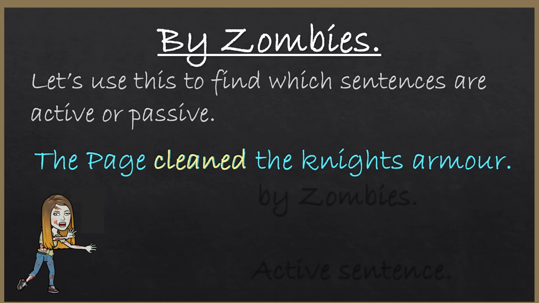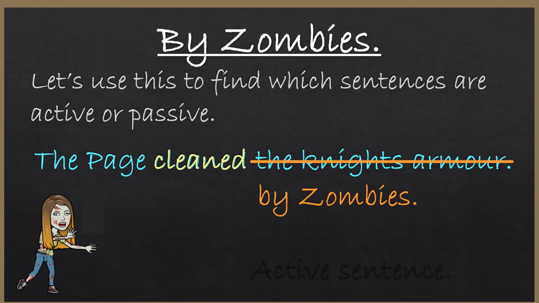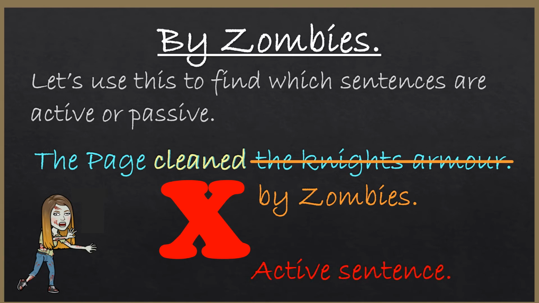Now, in our mind, we need to cancel off anything else after the verb and replace with by zombies. Does our sentence still make sense? The page cleaned by zombies. Does it make sense? No. So that means the original sentence, the page cleaned the knight's armour, is an active sentence.